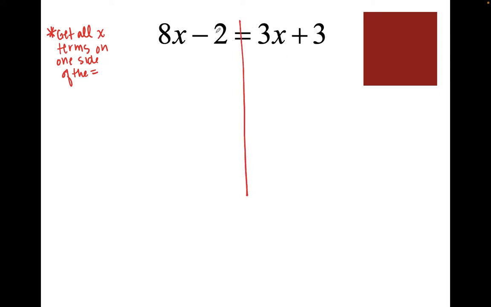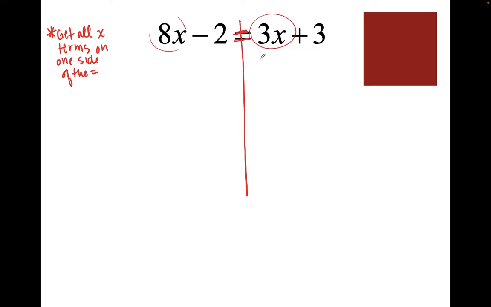So how we're going to do that is we're going to either add or subtract the entire x term, one of them, from either side in order to move it or combine it onto the other side. Now, we can't simply say 8x and 3x equals 11x because they're on opposite sides of the equation. So we're not adding them together here. If we were, then the 3x would be on the other side already with a plus sign. But right now it's 8x minus 2 is equal to 3x plus 3.